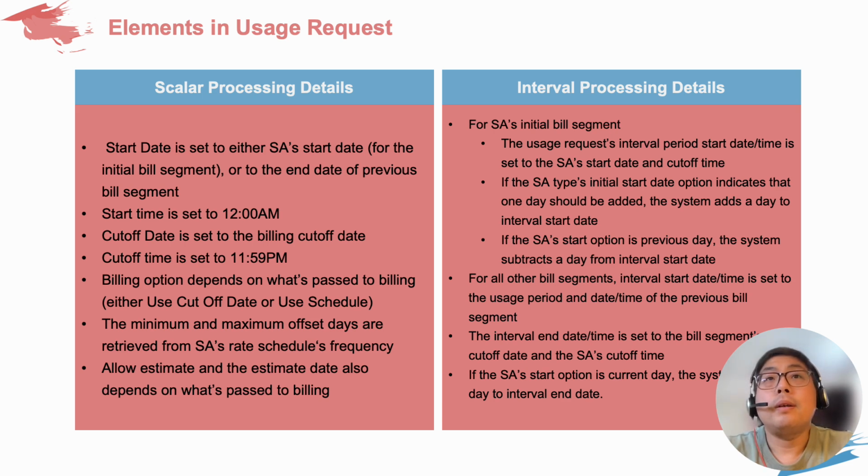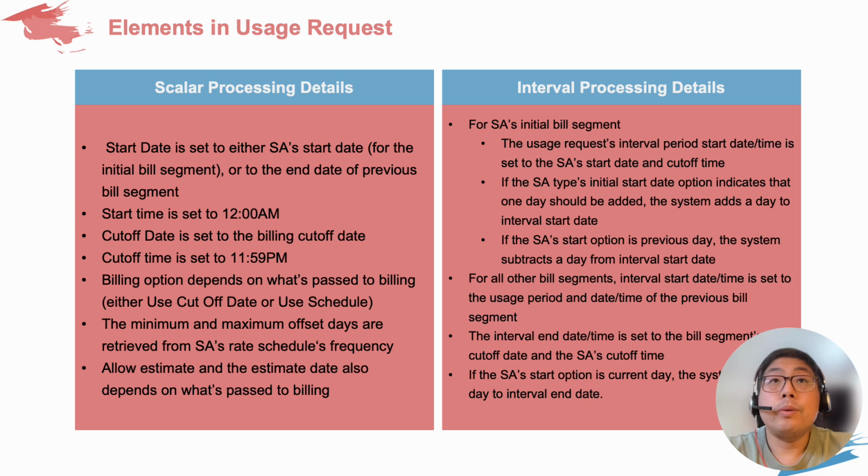Now the next one is kind of related. The minimum and maximum offset days are retrieved from the SA rate schedule's frequency. So this minimum and maximum is saying, okay, if I use the cutoff date, what is the day before and after I can set the window for. Normally that really depends on the project, but normally we can set, say, 3 days before and after.